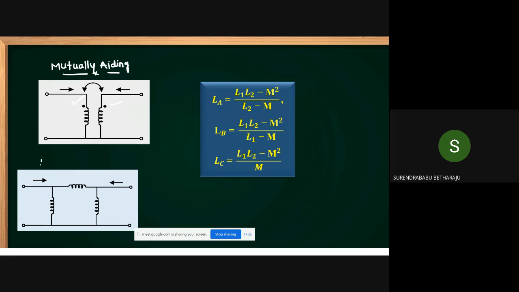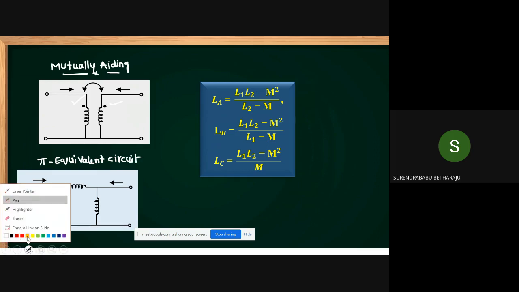Now it is converted into a pi equivalent circuit.